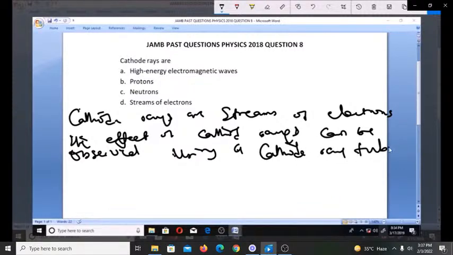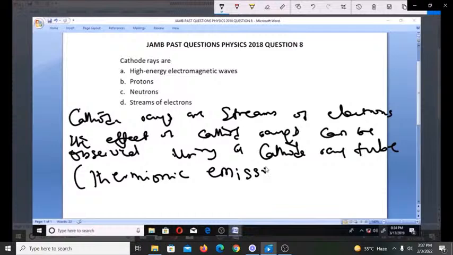So when you check your textbook for the cathode ray tube, you're going to see how it works, and the process that actually happens in the cathode ray tube is what we call thermionic emission. So whenever there is the application of heat, there is release of some emissions. Thermionic emission simply means ionic emission due to the application of heat.